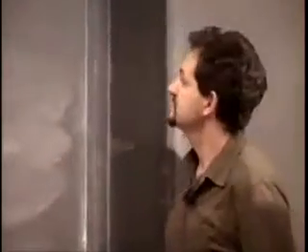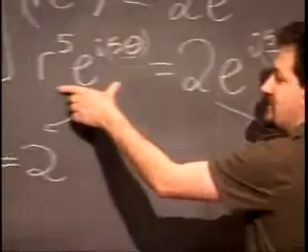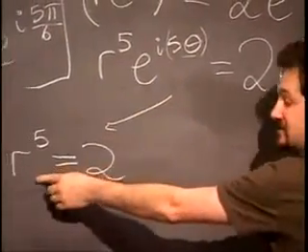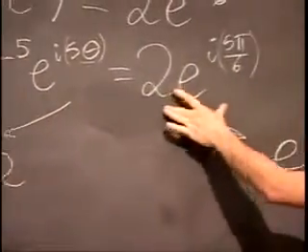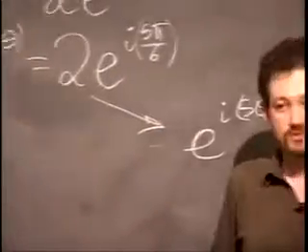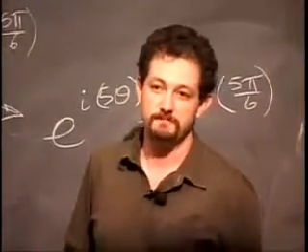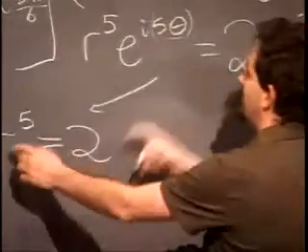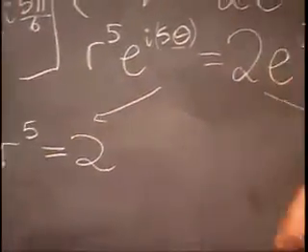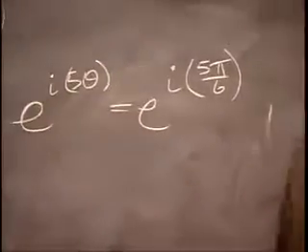It's the distance from 0 to the point, by definition. So in particular, the modulus of the left-hand side here is r to the fifth, and the modulus of the right-hand side is 2. And since these are the same complex number, they must have the same modulus. So r to the fifth must be 2. So once you've got that, you can divide this equation by this equation to get this. That's the justification.